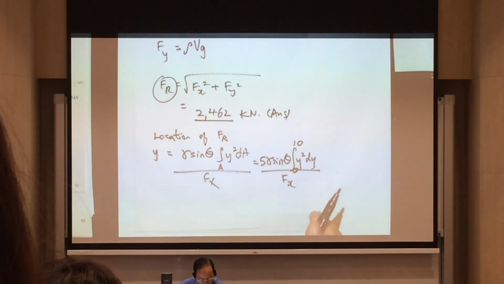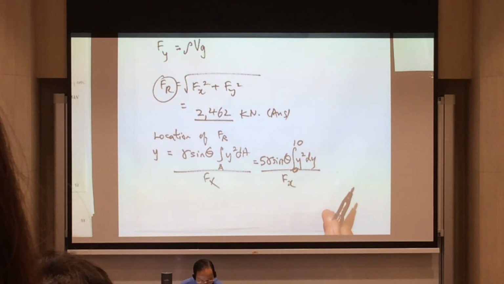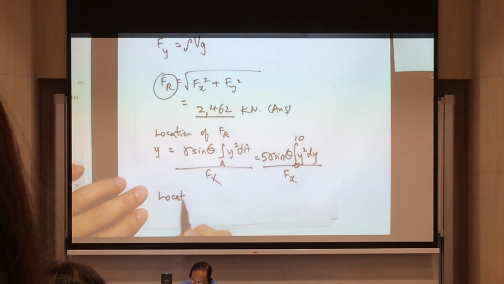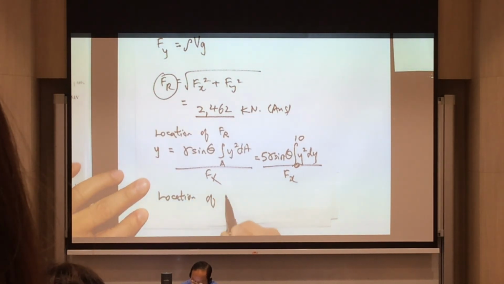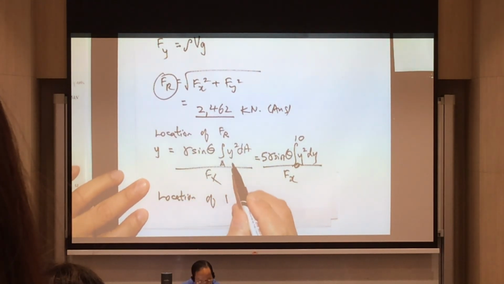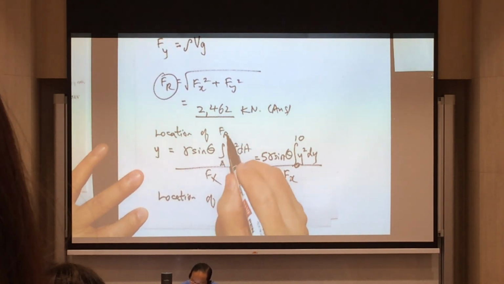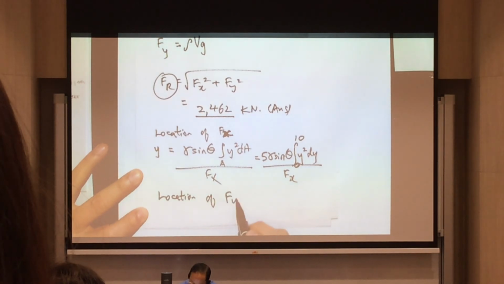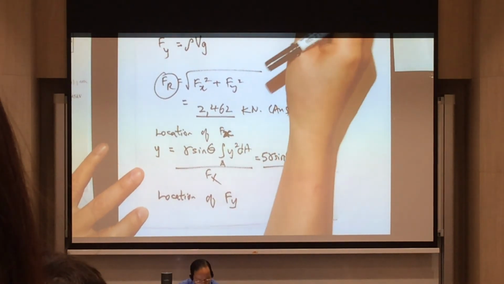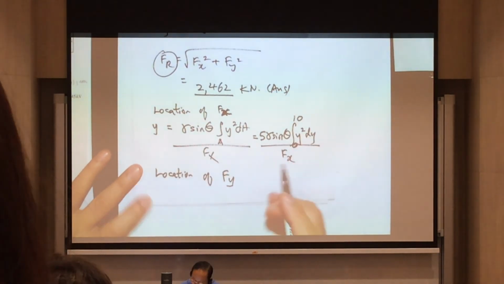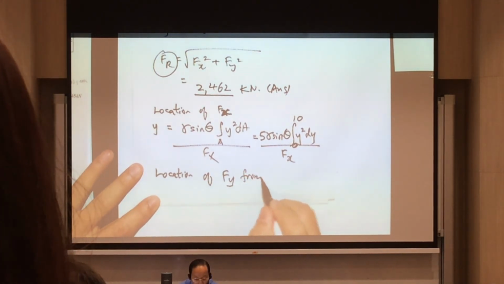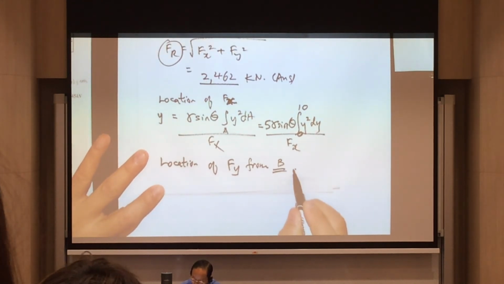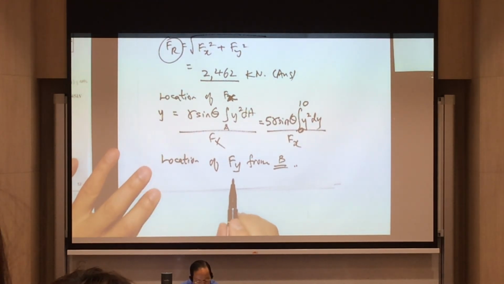And then you find the location for Fy. The location of Fy, how to find it? It should be from D. Fy from D, so how do you go about doing it?